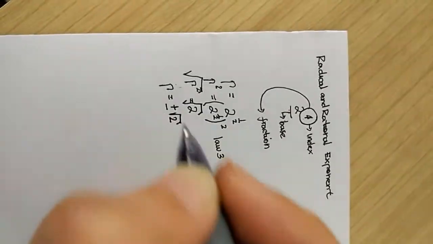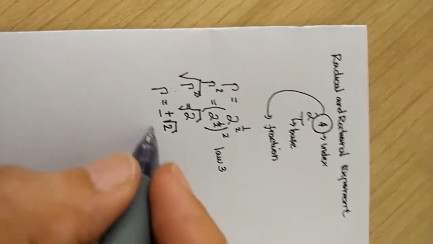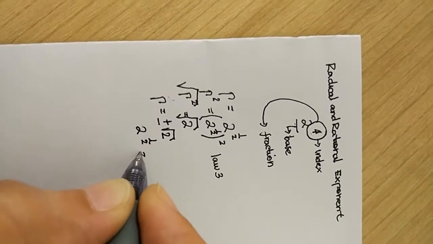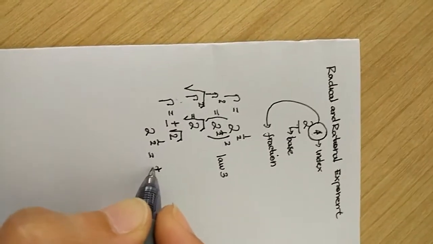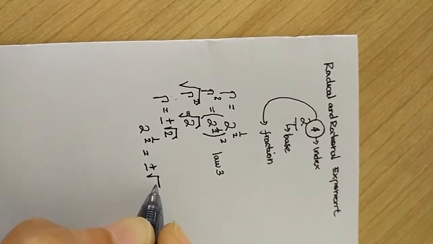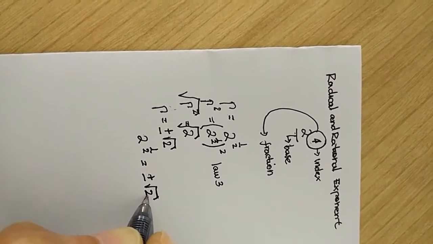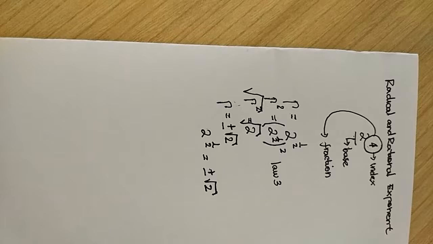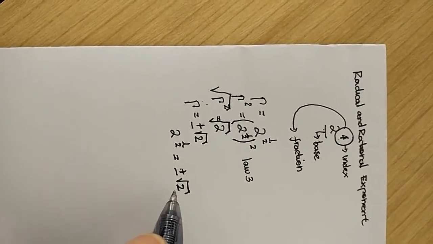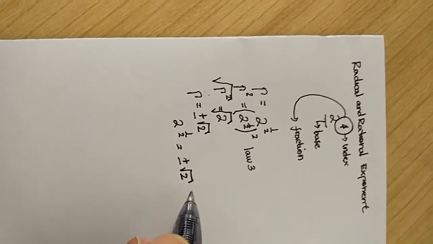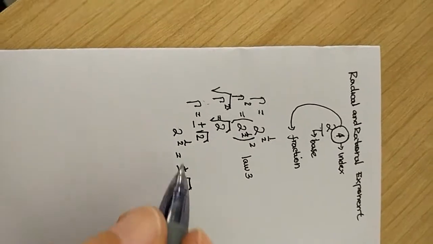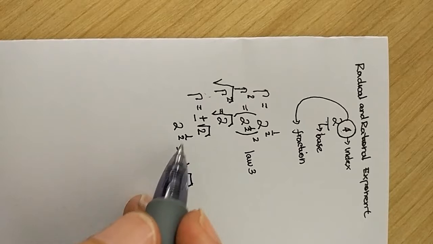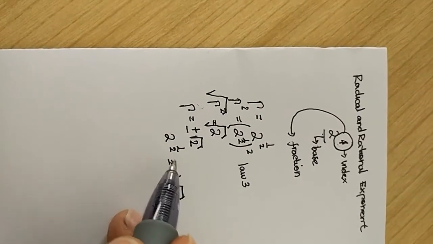So basically, I can conclude that 2 to the power of half is equal to plus minus square root of 2. But the problem is, this one is only a single number, while here you have a positive square root of 2 and a negative square root of 2. This is an equation, so you cannot have two numbers equal to one number.